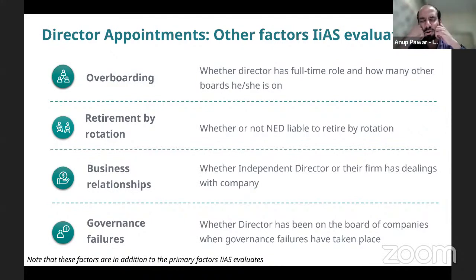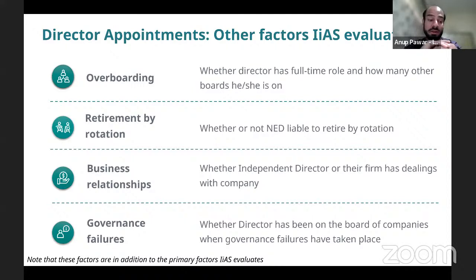We see this a lot with a number of companies where there are lawyers on the board and they or their firm is actually providing legal services to the firm. So then, you question their ability to be truly independent.